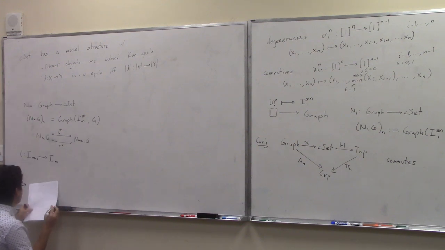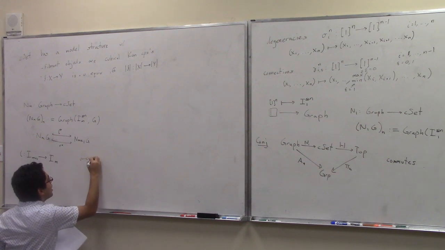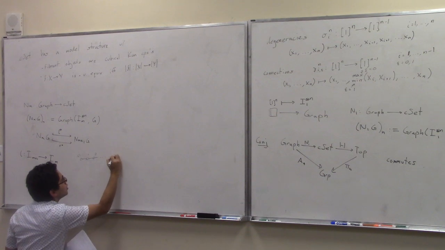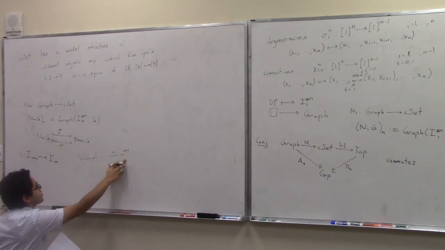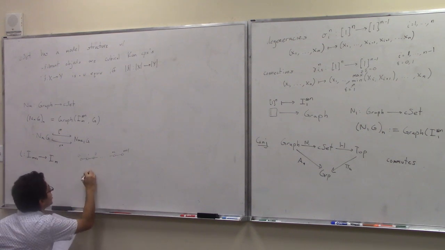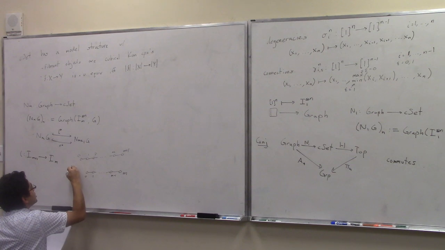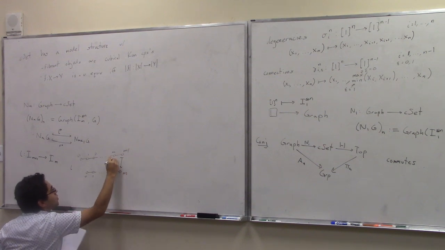So this is just a regular old graph map. How is it defined? Im plus 1 is just integers from 0 to m plus 1 connected in a line. Im is integers from 0 to m connected in a line. And now what is my map L going to do? I'm going to send m plus 1 over to m.